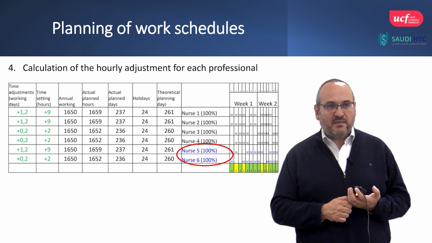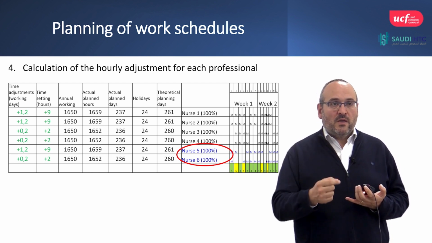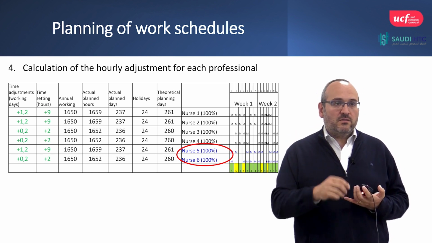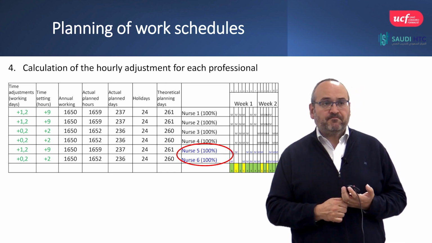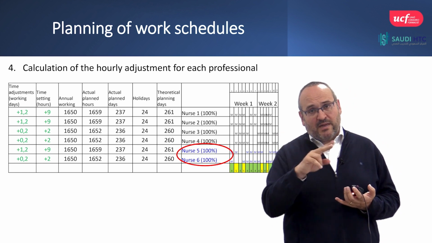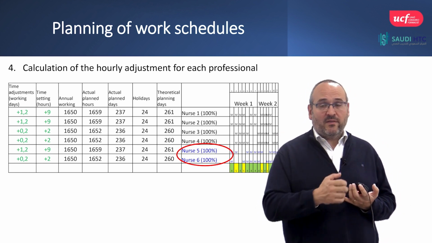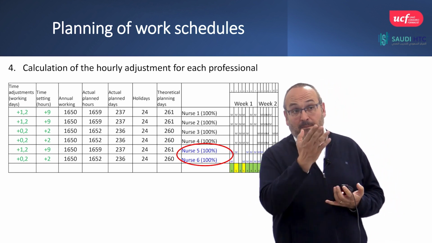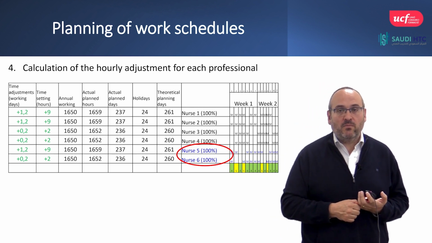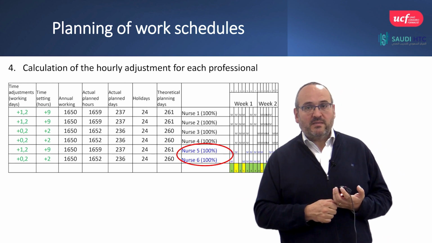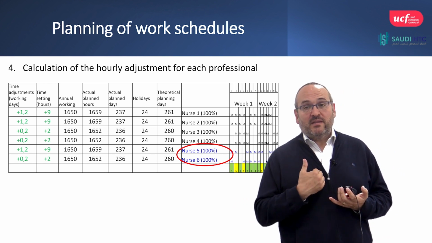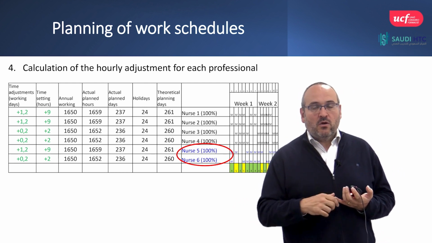If we subtract this from the annual working hours, she will work 9 hours more at the end of the year. That will mean that we will have to compensate her, or give her 1.2 days of holiday in addition to her vacation for the entire year. Why? To ensure that the working day is exactly the same as the contracted working day.